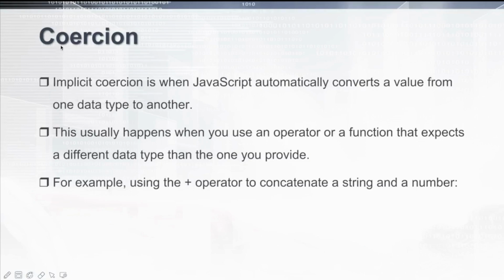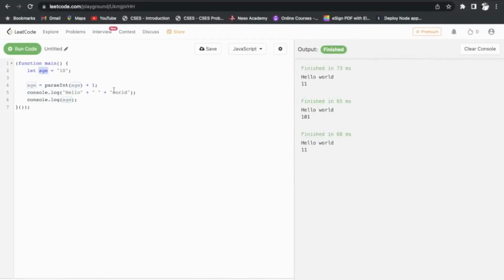The second type is implicit coercion. Implicit coercion is when JavaScript automatically converts a value from one data type to another. You remember that when we had something like this, let me clear this console, we have 101. Now we have two values here.